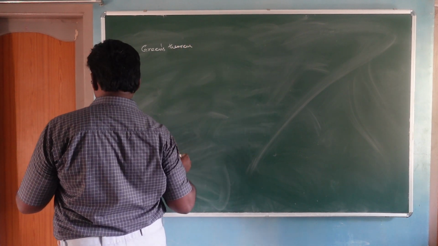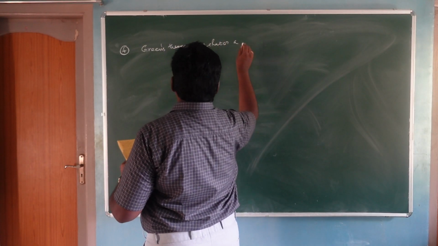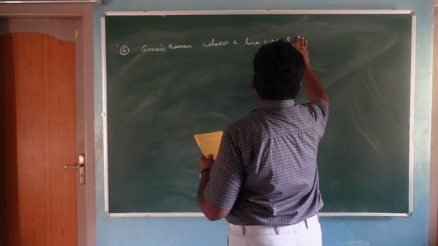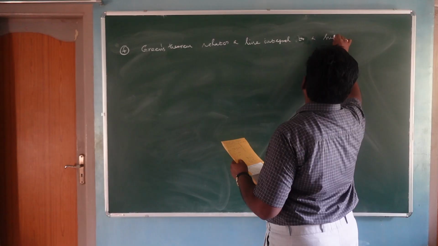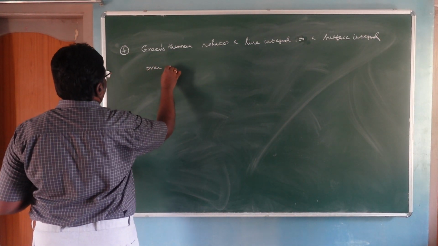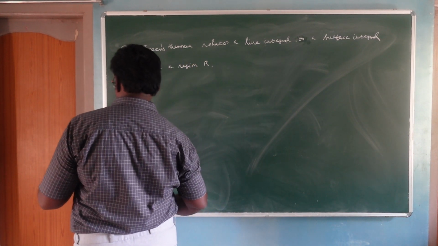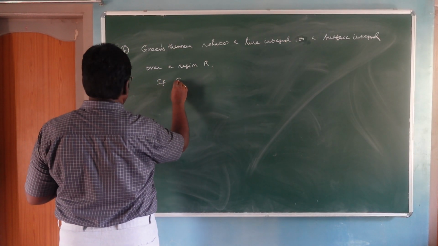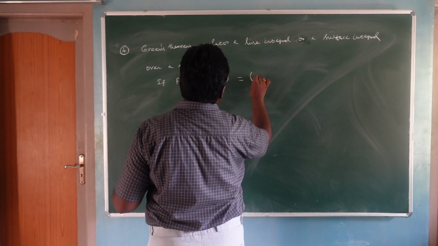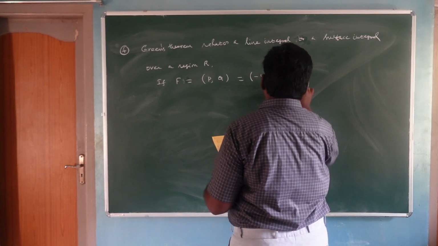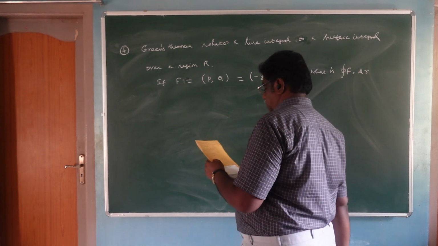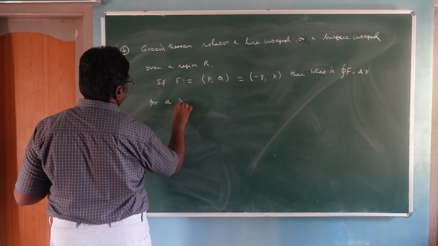Green's theorem relates a line integral to a surface integral over a region R. If F is equal to (P, Q), which is equal to (minus y, x), then what is the integral of F dot dr for a unit circle?